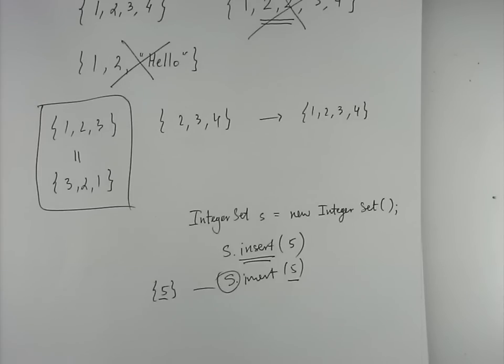So we require that the user cannot call this thing if i is already in the integer set. And then the effect is going to be a promise by the data abstraction that something is true after you've executed the method. So requires is a promise by the caller, effects is a promise by the data abstraction.